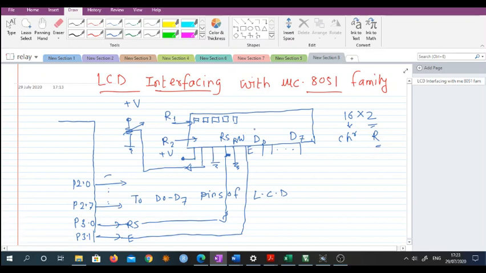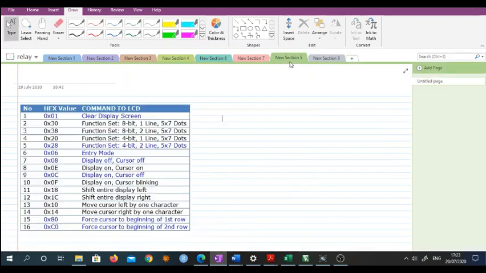Now let us go to the various commands that we use for programming the LCD. Note down the important commands. These commands are given in the form of hex code. 0x01 is to clear the display screen. 0x30 is 8-bit, 1 line, 5 by 7 dots. Then 0x38 sets 8-bit, 2 line, 5 by 7 dots.